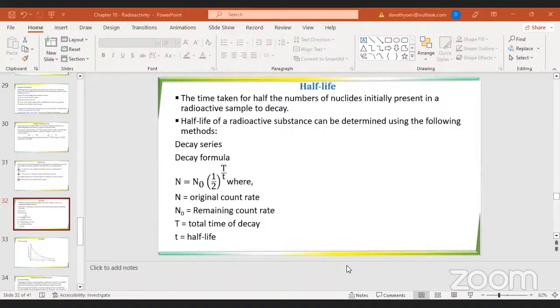Now, for that one, the answer is 7/8. That is the fraction which will have decayed, not the fraction remaining.